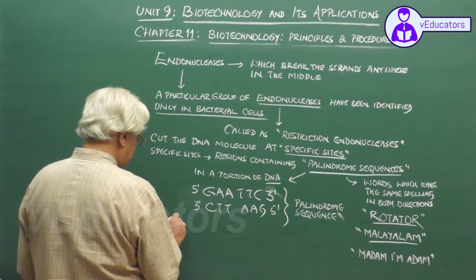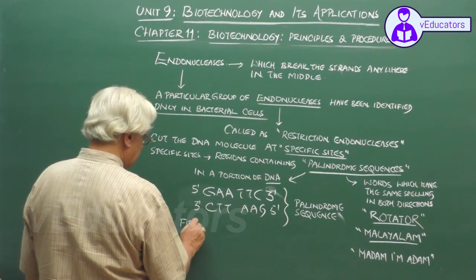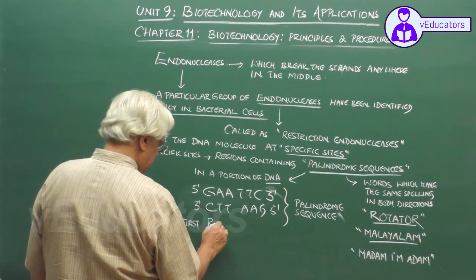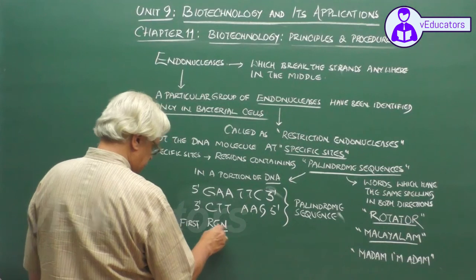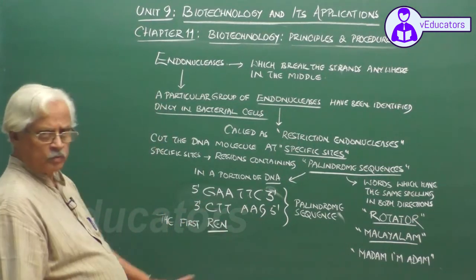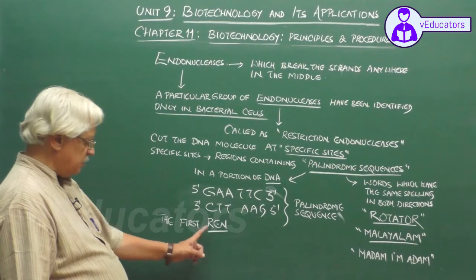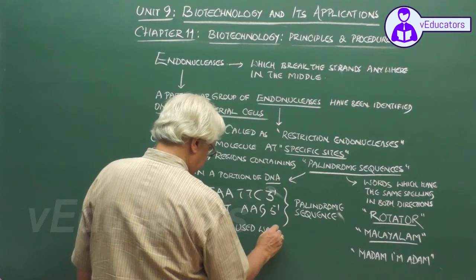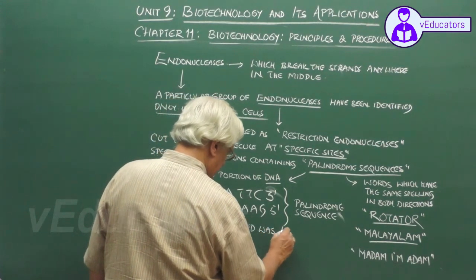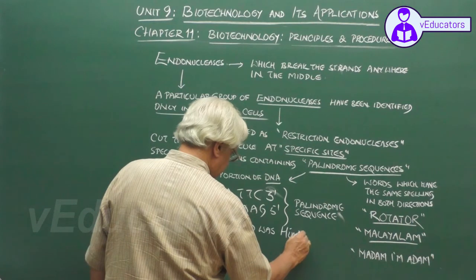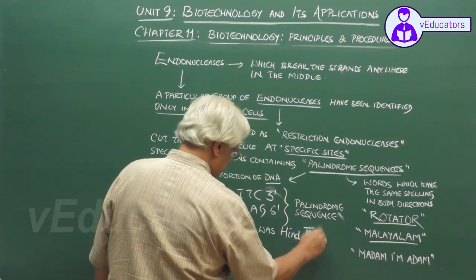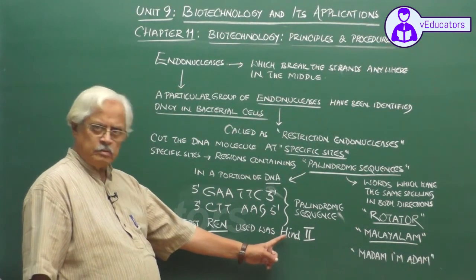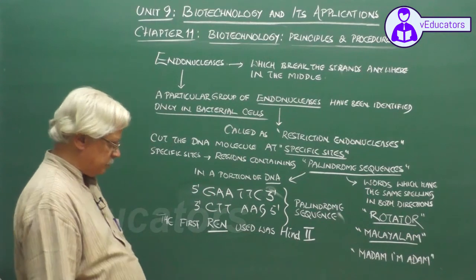The first restriction endonuclease, abbreviated as REN, used was named HindII. There is a specific reason and way by which they are named. We will come back to that later.